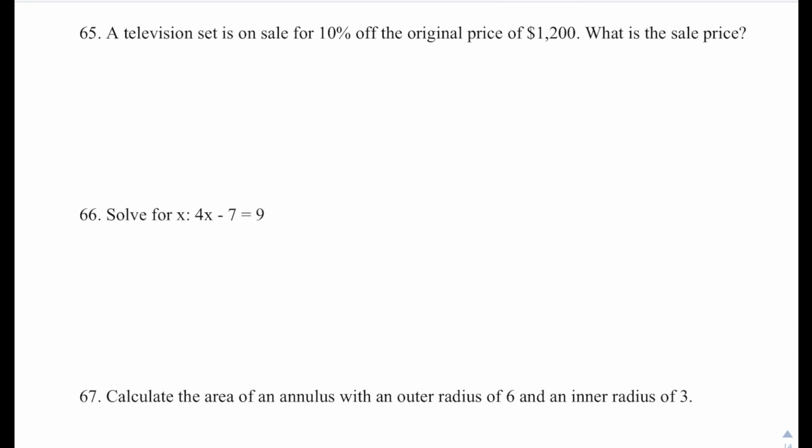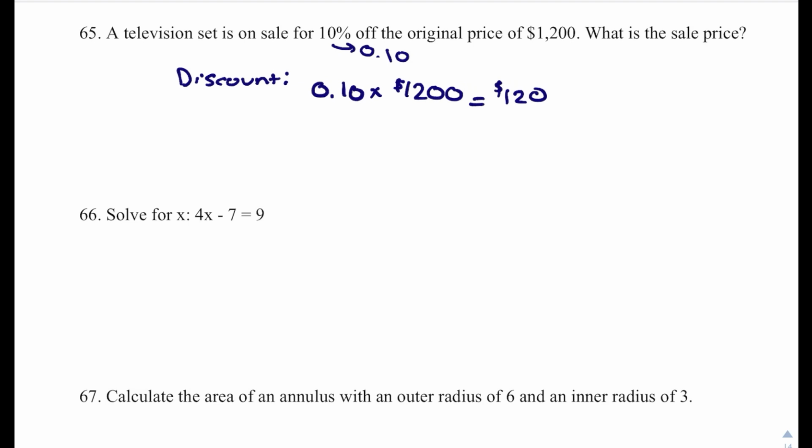A television set is on sale for 10% off the original price of $1,200. What is the sale price? So first we want to find the discount. So the discount is 10%, so this is going to change to 0.10. So 0.10 times the total price of $1,200 equals 120.